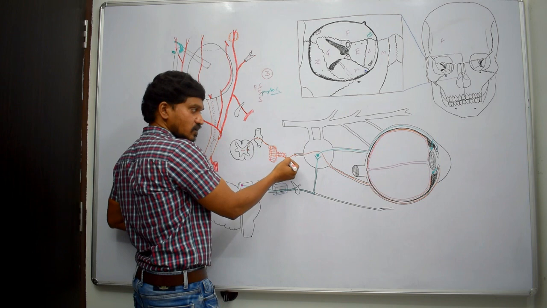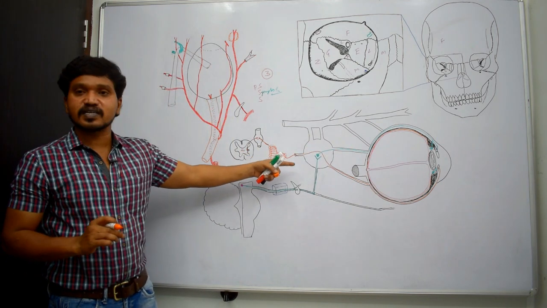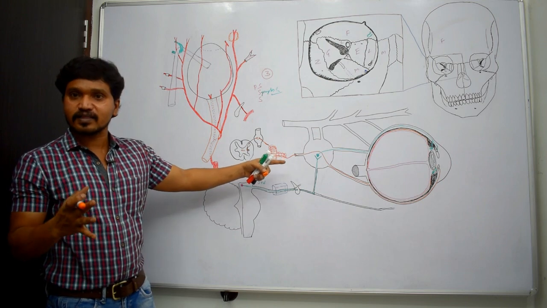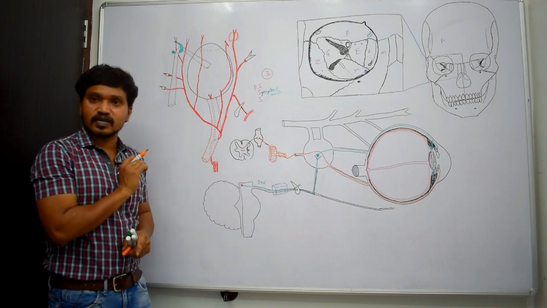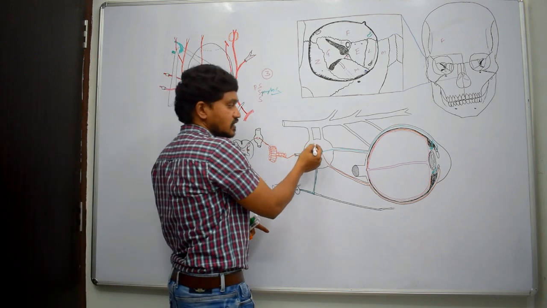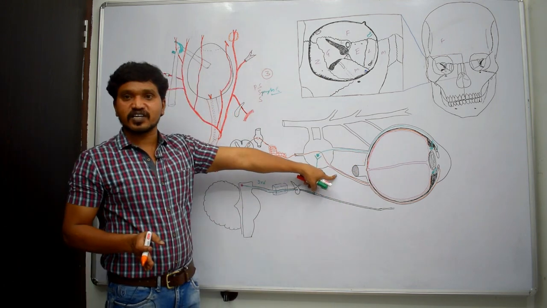These nerves enter the ciliary ganglion. Once they pass through the ciliary ganglion, they will not relay there because already they have relayed in the superior cervical ganglion. They just pass through it and enter the short ciliary nerves.